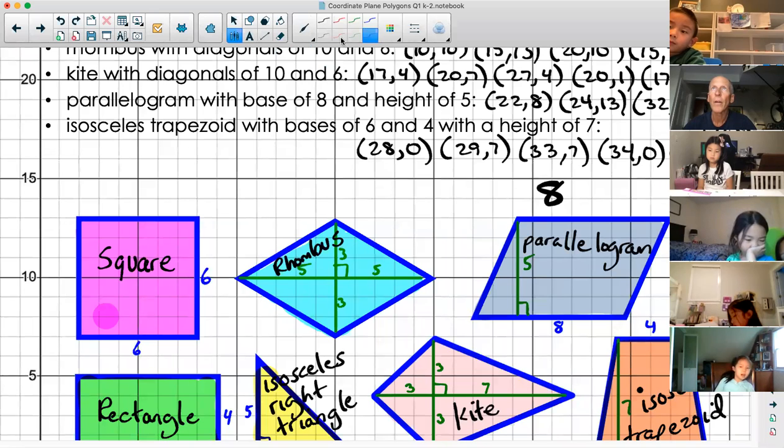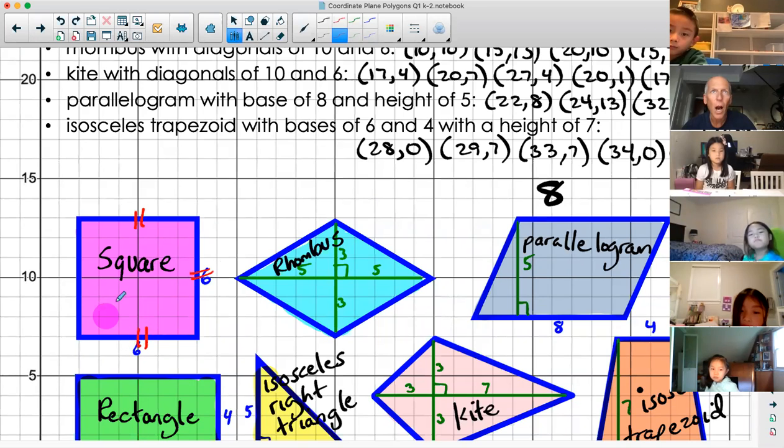It kind of looks like a square. Ooh, guess what? It has one quality that all squares have. And the one quality is all the sides are the same length.